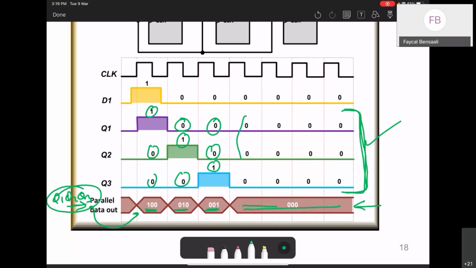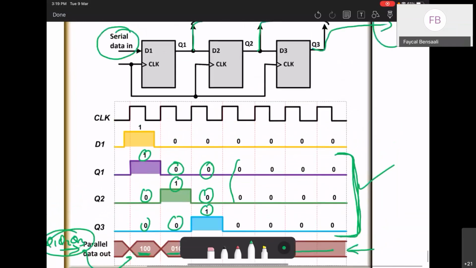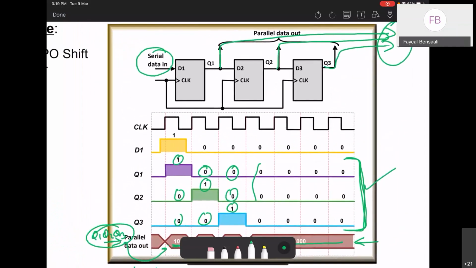You can see how this one is being shifted. If you consider the binary, this is 4, and then the next is 2, so it's dividing by 2. And then we get 1. So we keep dividing by 2 each clock cycle. This is why shift registers can basically be used as a divider to divide by 2.